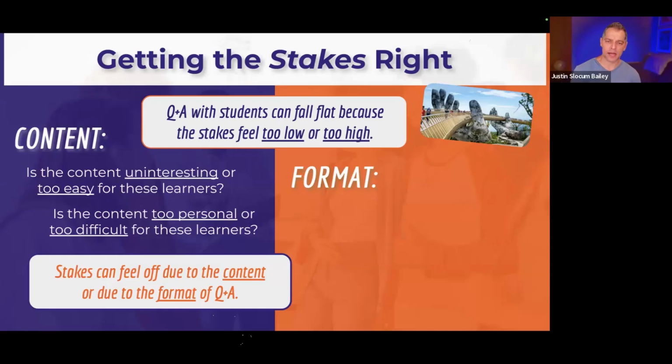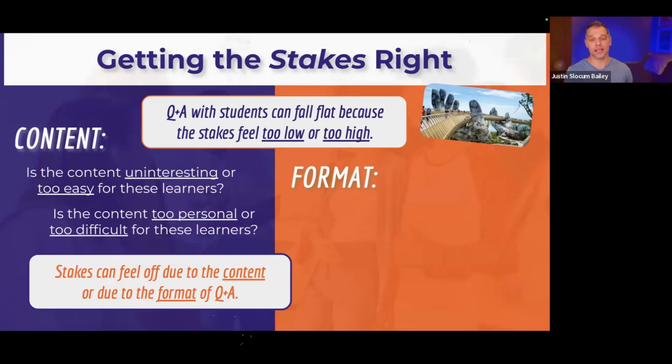But a lot of topics related to money or related to family, for example, can be ones that might seem to us as teachers like, oh, it's just a topic we're talking about. But for a student, that might be almost too close to home, and so it feels risky or a downer to talk about.